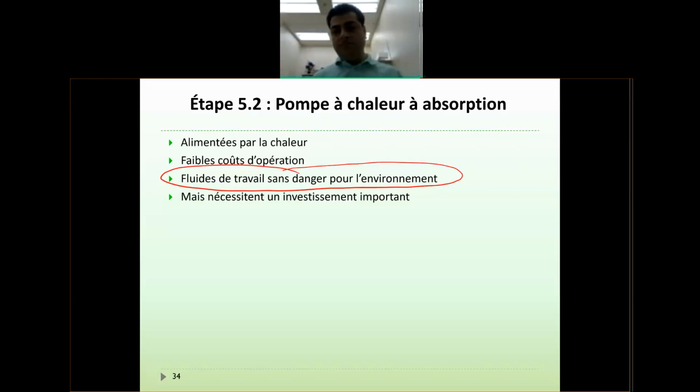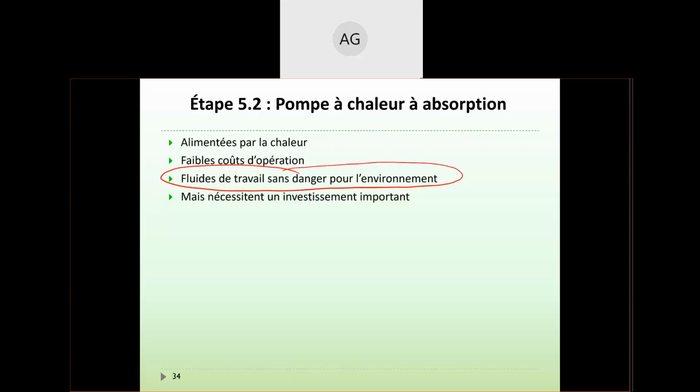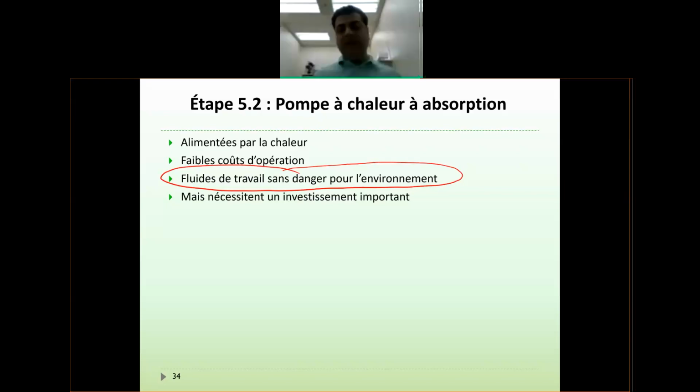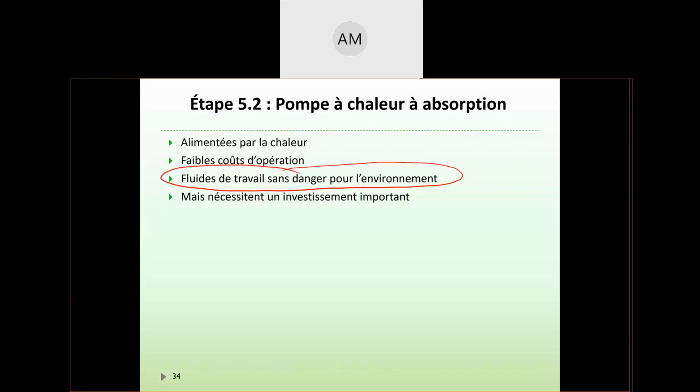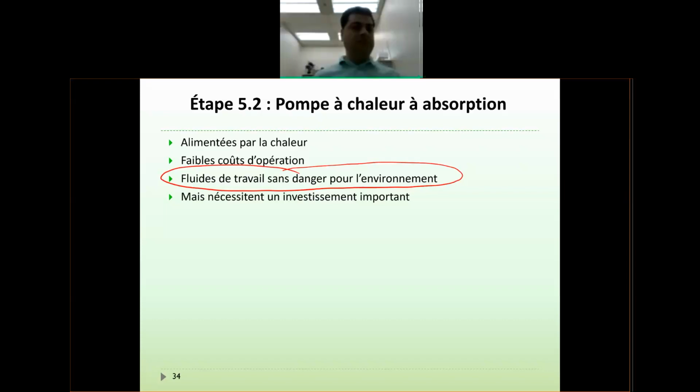I think the CFC. R134, I'm not sure. What is the molecule? Something with chlor, but I don't remember. Freons, CFC. Yeah, freons, right? But they are absolutely bad for the environment.